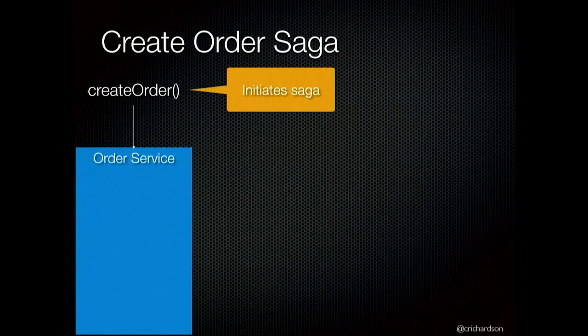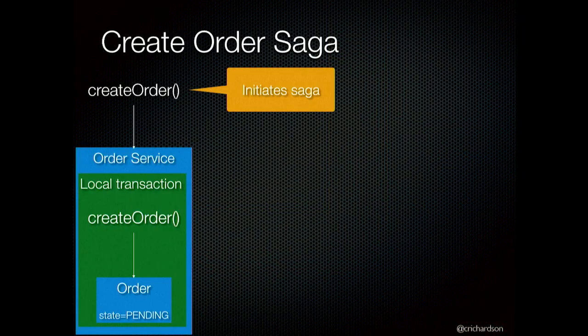A request comes in to create an order. The order service would create that order in a pending state, which indicates that it's in the process of being created. We actually need to go off and validate and reserve credit, and if there was inventory involved, we'd have to go and reserve inventory, and so on.